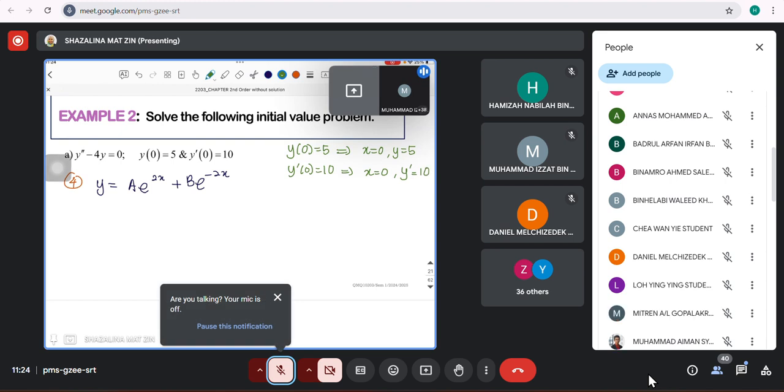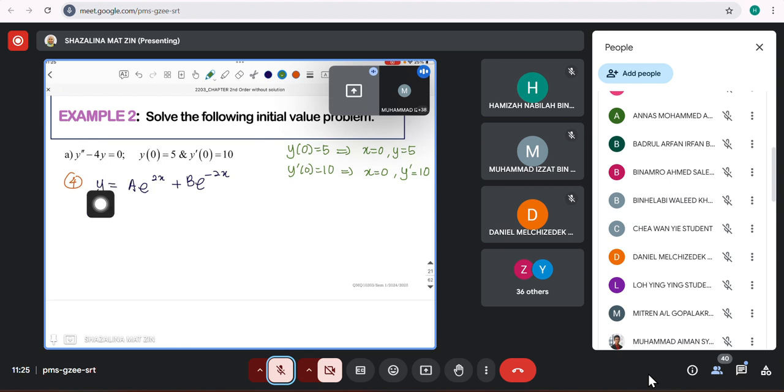Okay, we need to substitute x into y and y prime. However, in your solution, you only have y. Once you consider only the first condition, we cannot find two constants. One condition for one constant, so two conditions for two constants.